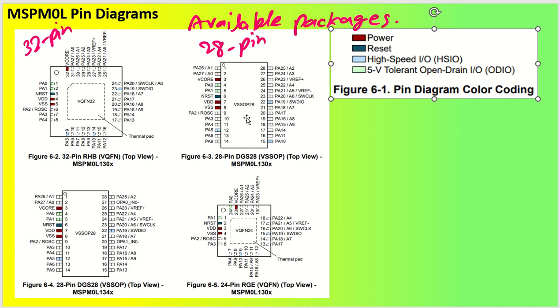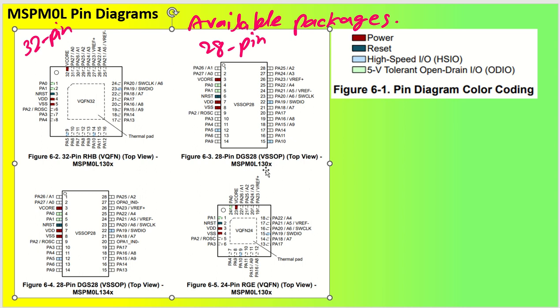Same way other packages are also there, like we have VSSOP28, and then we have VQFN28 also. Okay. VSSOP28 is for the 130X, and this is for the 134X. So there is a little change in 134 and 130.